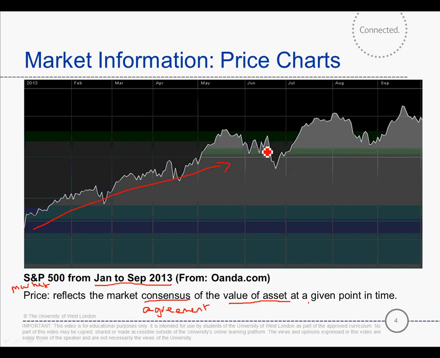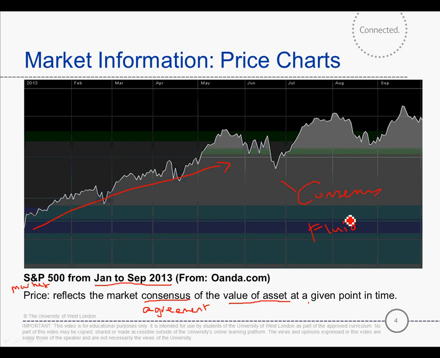So what you do observe is that the market consensus on the value of an asset keeps changing from time to time. Now this is the daily chart, so what you see are daily movements. But if you were to narrow it down to a single day, you will see minute by minute movements. And that's something you got to keep in mind, that the market consensus is rather fluid.